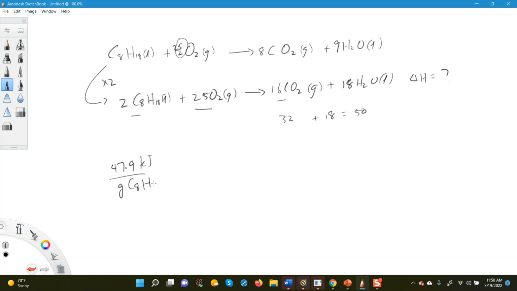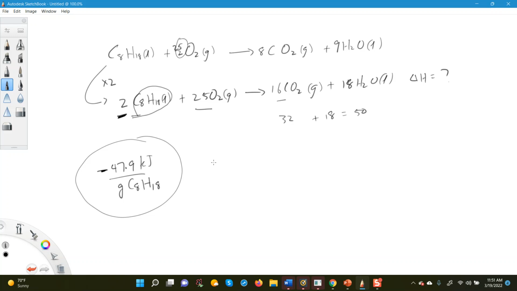Now, again, we have to pay attention to how the question is worded. It says it gives off 47.9 kilojoules of heat, which means that we need to put a negative sign here, right? So this here represents the heat change per gram of this substance right here, the octane. So what we're going to do is find out basically how much heat is generated when 2 moles of octane are used.